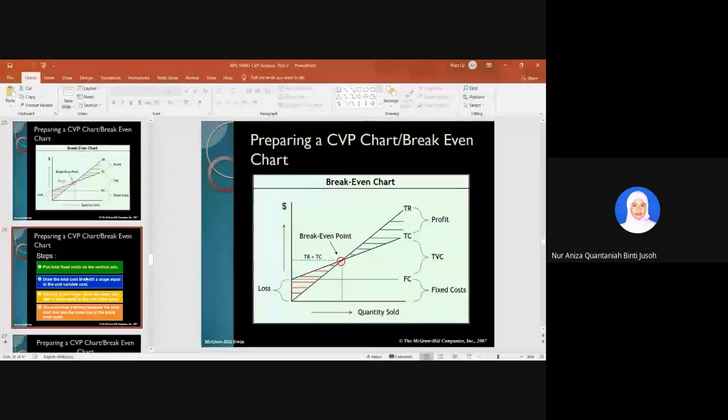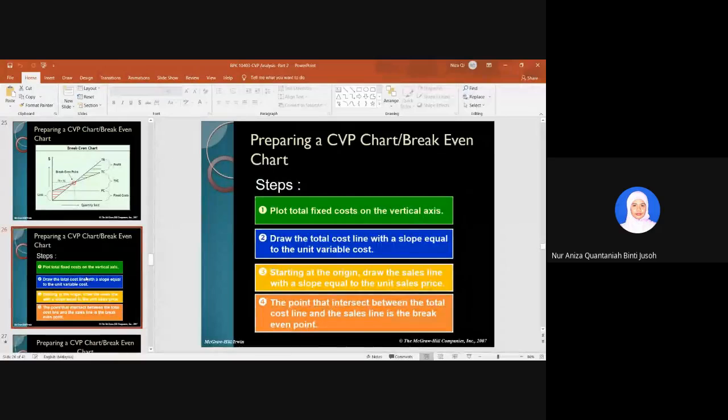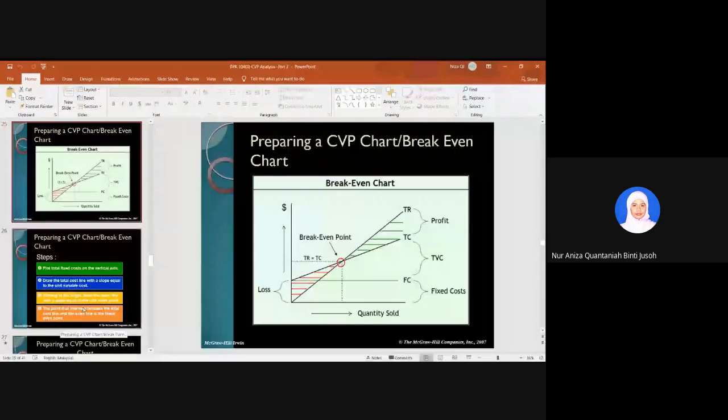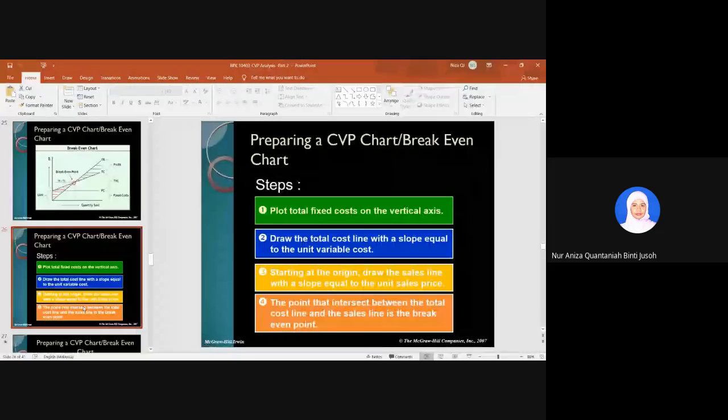Then, starting at the origin, draw the sales line with a slope equal to the unit sales price. This third line starts from the origin 0, and must cross the total cost line to determine the break-even point. The point that intersects between the total cost line and the sales line is the break-even point.